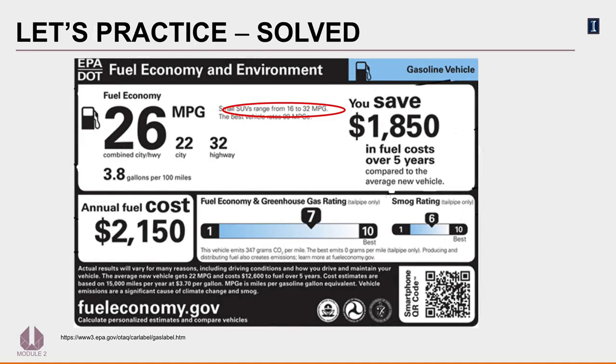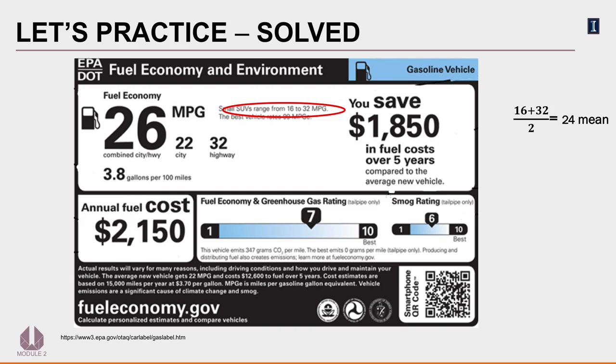This car has an average of 26 miles per gallon, where the range is between 16 and 32. So the midpoint is a rough point estimate of the average for a car in this category, and that's about 24 miles per gallon. We can also get a rough estimate for the standard deviation based on the empirical rule. That is, 99.75% of all observations will be within plus or minus 3 standard deviations.